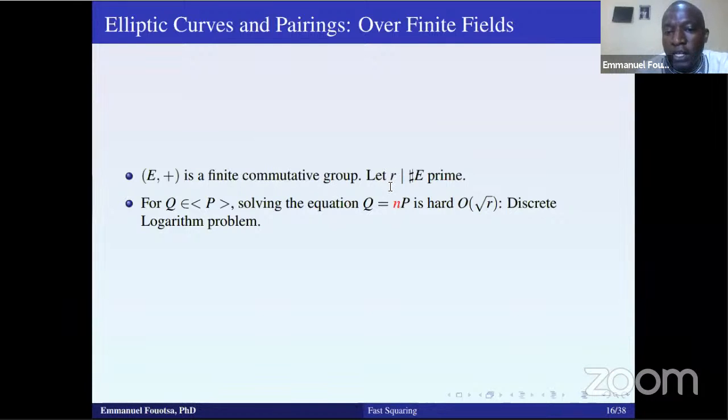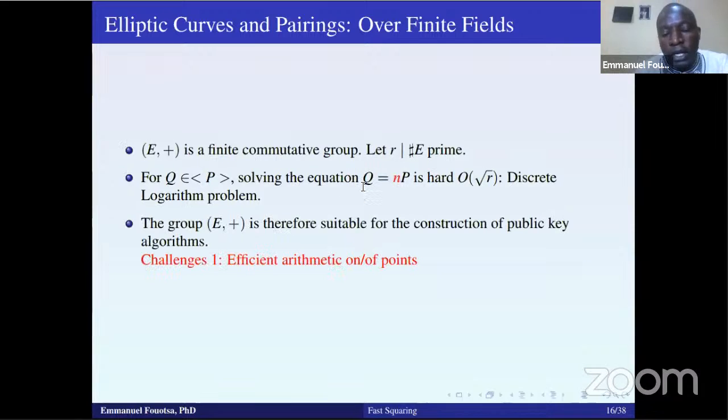If we take r to be the largest prime divisor of the order of the elliptic curve, then taking a point Q in the subgroup generated by another point P, it means that Q is equal to some nP. When parameters are carefully chosen, it is proven that given Q in the subgroup generated by P, finding the integer n so that Q is equal to nP, that is P plus P n times, is difficult.